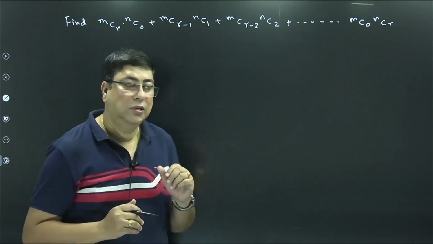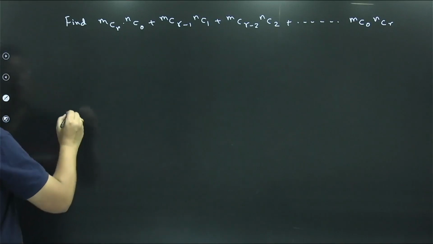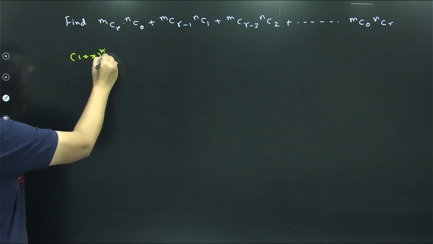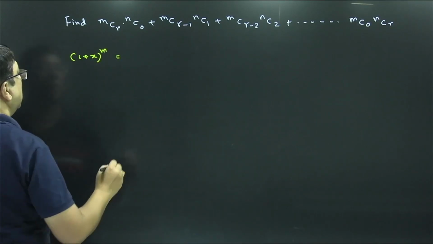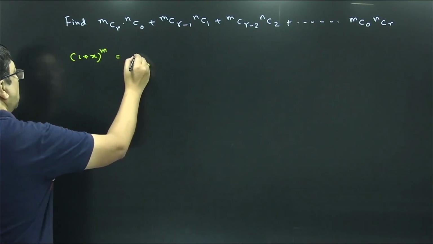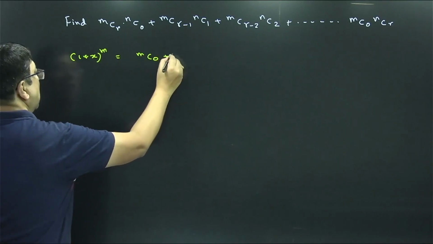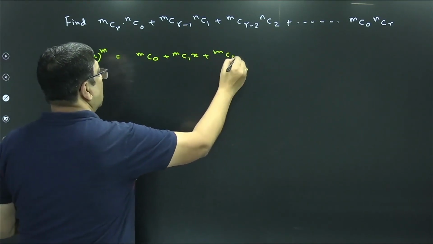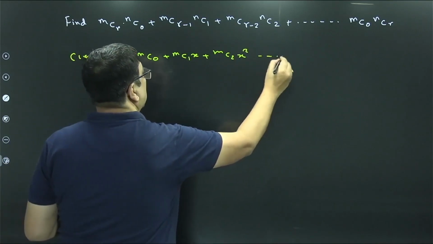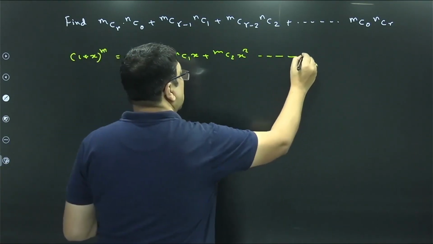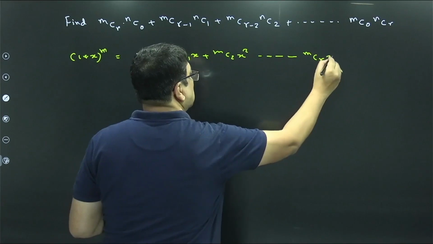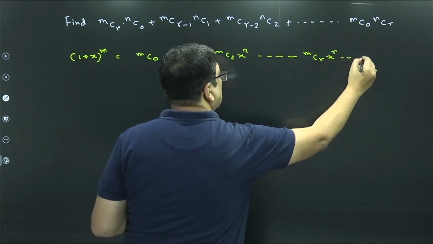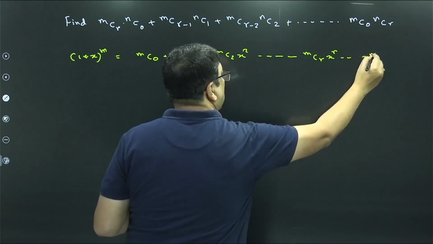So, how to solve this type of sum? First of all, (1 + x)^m. Let us calculate. So, mC0 + mC1 x + mC2 x² + ... + mCr x^r + ... + x^m.